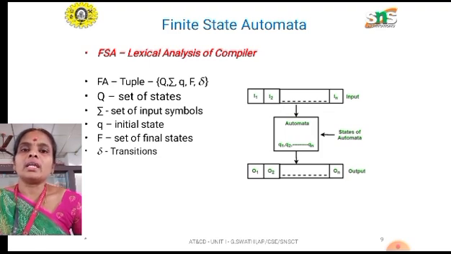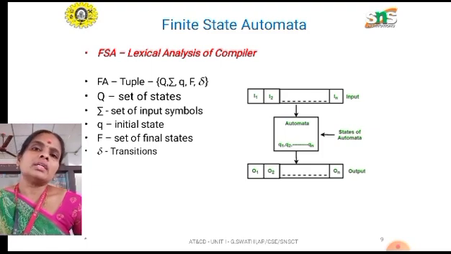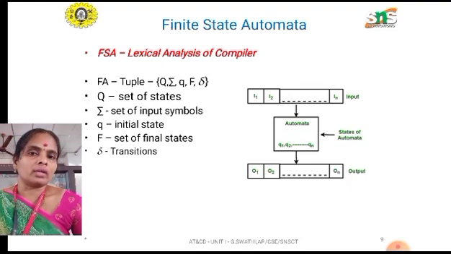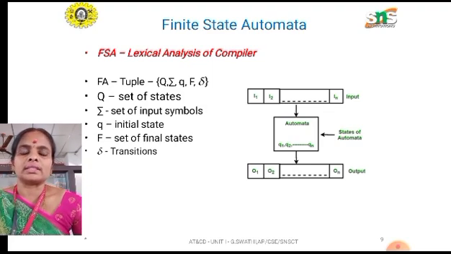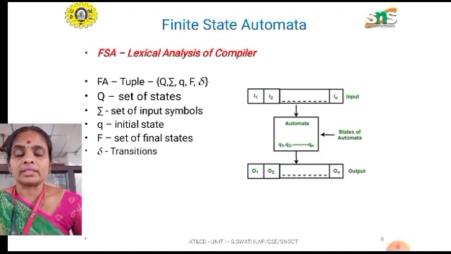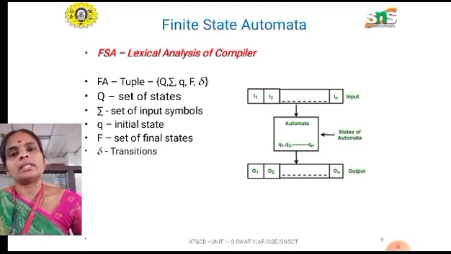The third one is the initial state and final states. A machine will always start from the initial state and it will end somewhere in a state. So we have to provide one starting state, otherwise termed the initial state, and a final state. There is no restriction that we should end only in one final state. We can have n number of final states. That is why it is termed the set of final states. And the very important thing of an FSA or finite automata is the transitions.